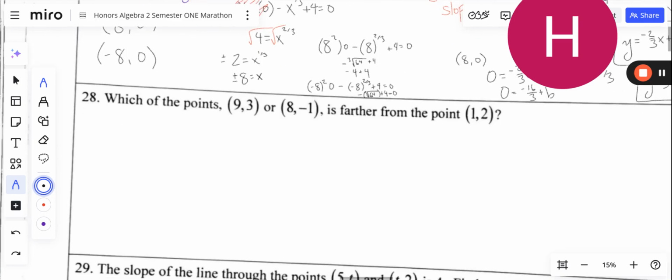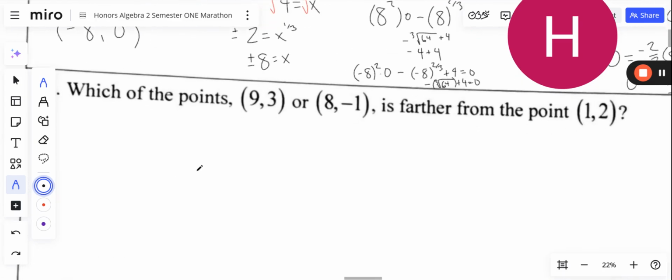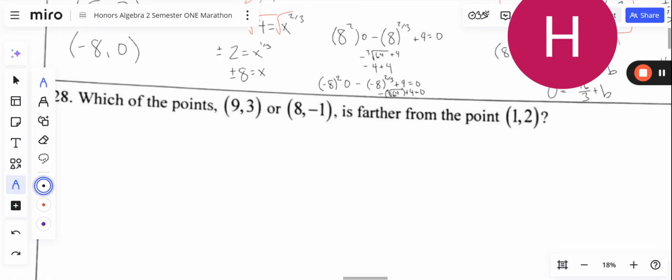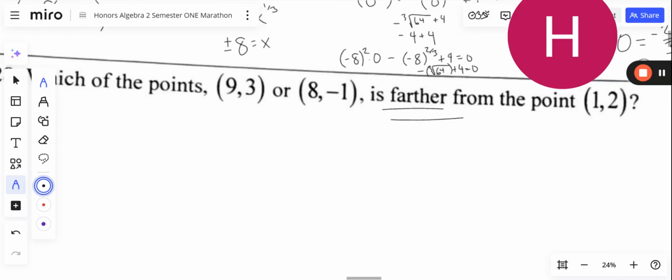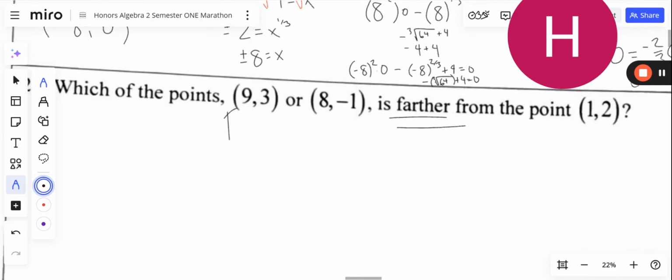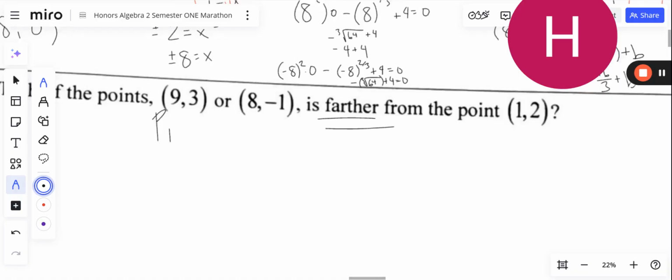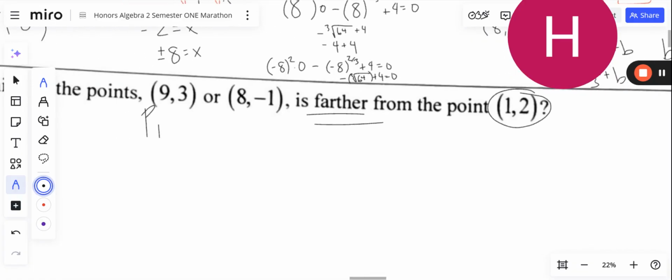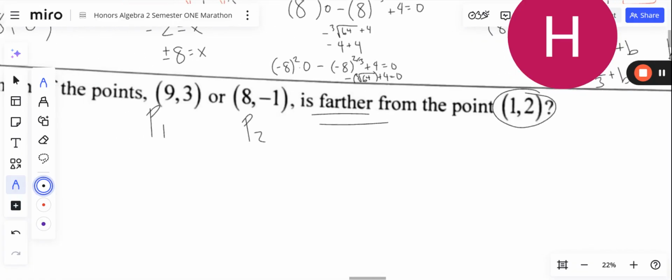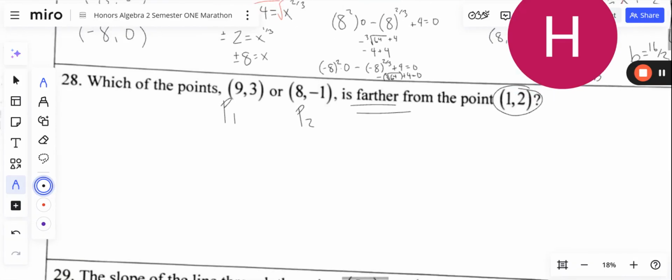Okay, 28. Which of the points is farther from the point 1, 2? So farther, that means we're talking about distance, which means we're going to have to use the distance formula. So let's compare the distance between point 1 and 1, 2, and then also find the distance between point 2 and 1, 2, and see which is further.